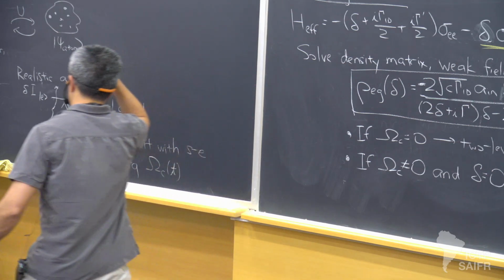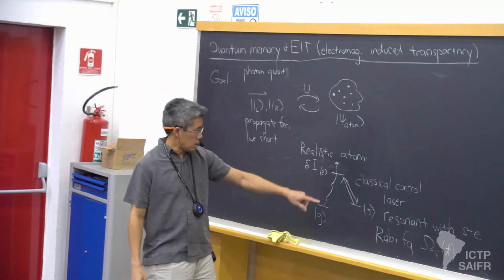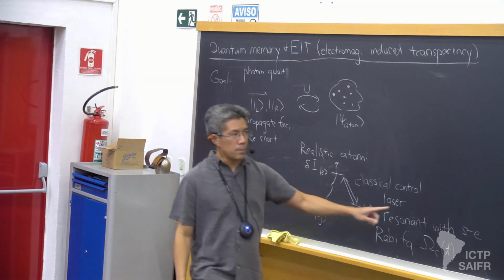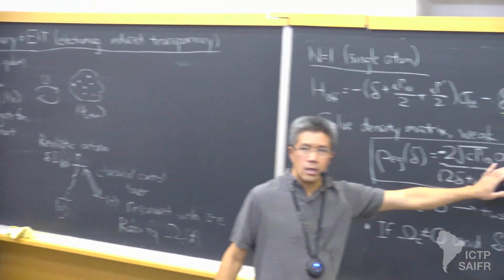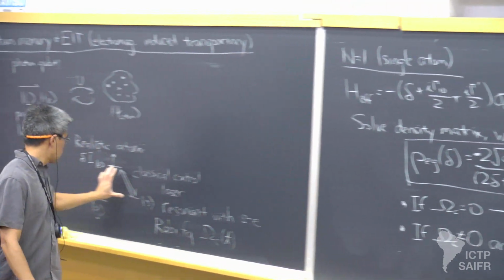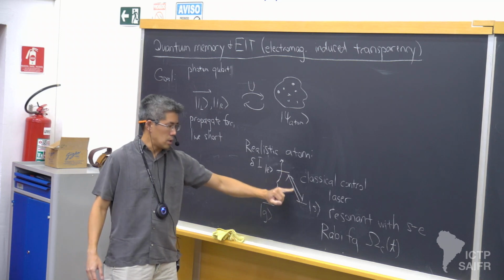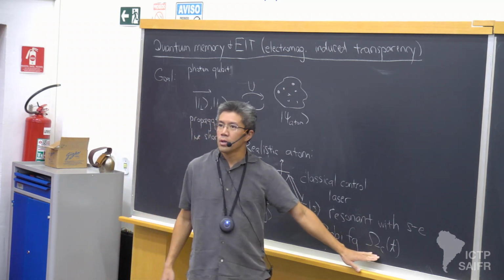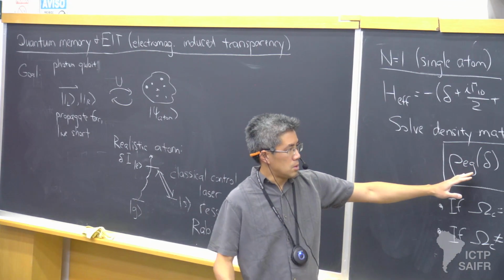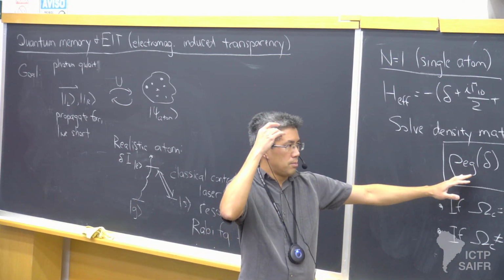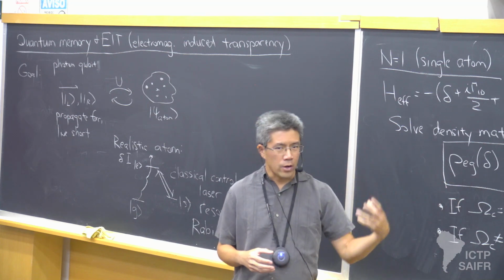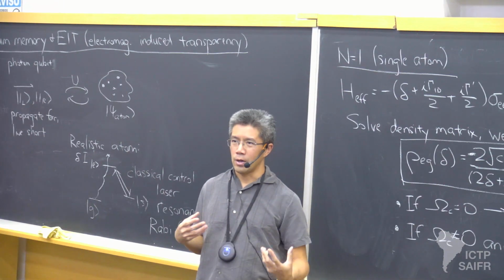Yeah, so there are. We have one field that's on this G to E transition. I label that by AN, so that would be my probe or my test field. And then I have this control field that's driving the E to S transition, which I describe by omega C. Probably the issue is that I'm trying to calculate EIT in this kind of hybrid language of chiral waveguide QED.